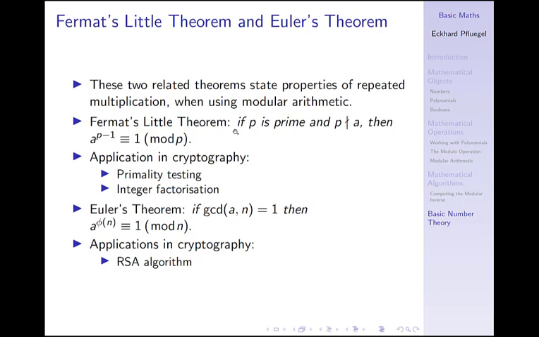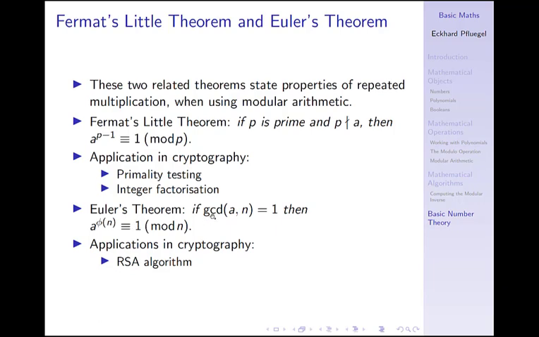That's what it says. And then the extension to Euler's theorem, the only difference really is that we're wondering what's going on if we're not writing p now, we write n, if n is any number. Then you get a similar statement here. Rather than p minus 1, you now have the Euler function, so a to the power of phi of n.